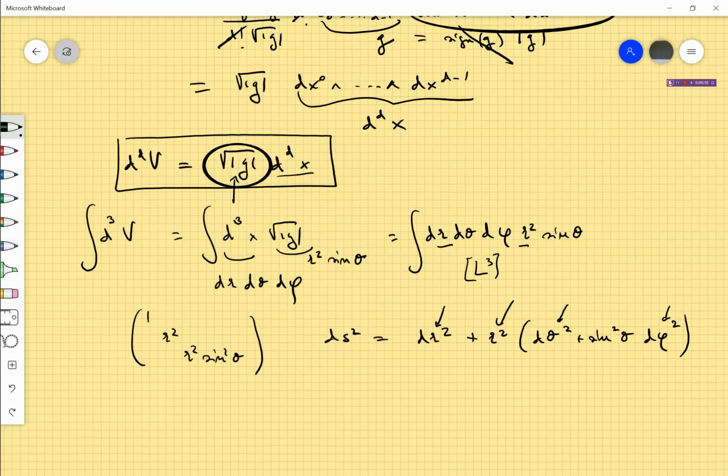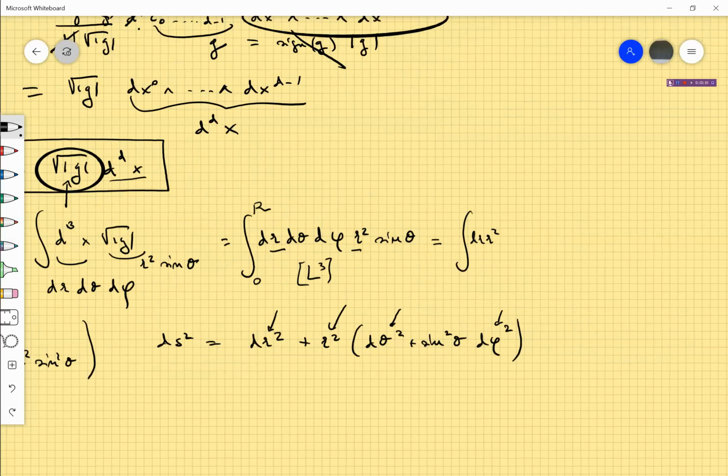And finally, if you, for instance, just want to integrate this from 0 to r, you just do this in pieces. You know that you have to integrate the r squared. The integrals are separated: r goes from 0 to r, theta goes from 0 to pi, and this is the integral of sine theta d theta, and phi goes from 0 to 2 pi.